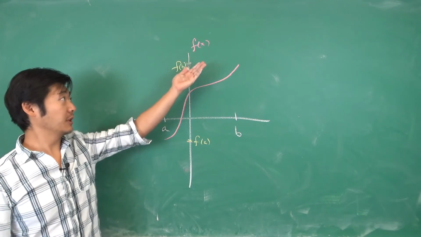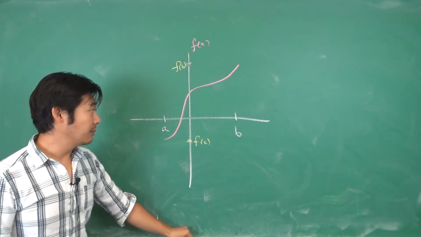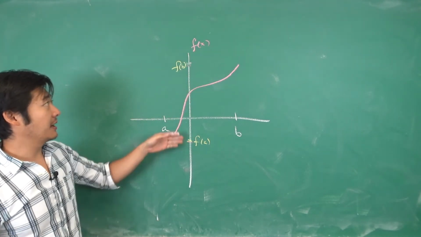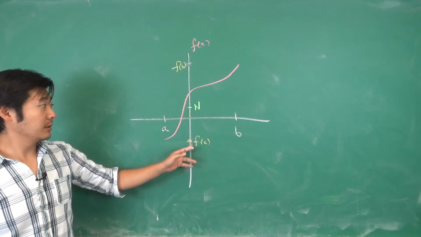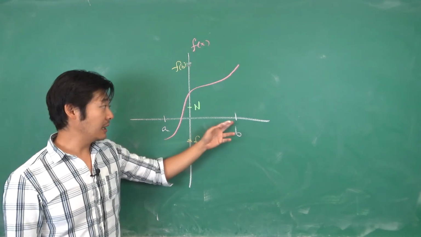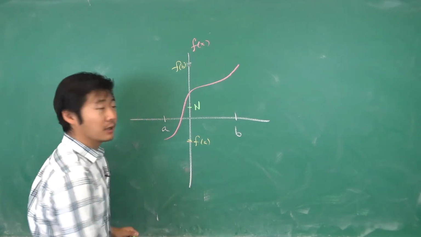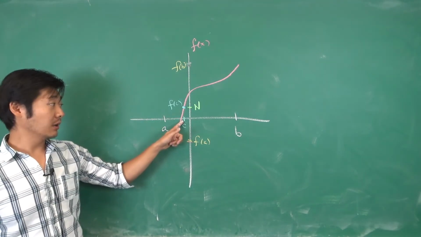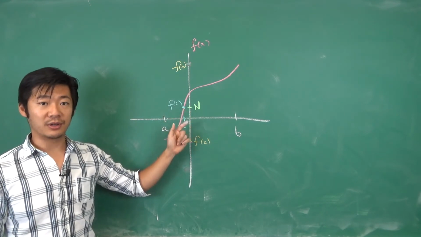Suppose we have a function f of x given by this graph. Then we can pick any number between f of a and f of b. For instance, let's say this number here. Then there is a number between a and b such that f is equal to this number. That's not too hard to see. This number c, because f of c will be equal to capital N.